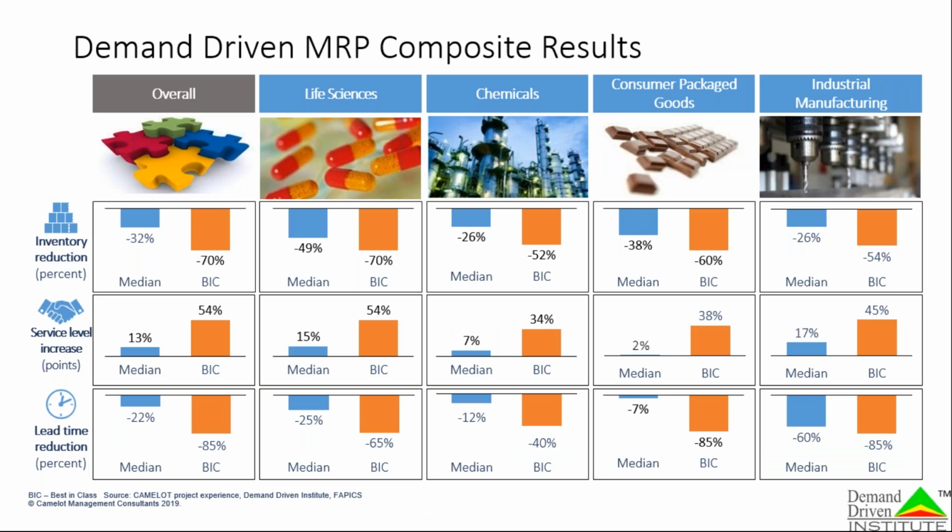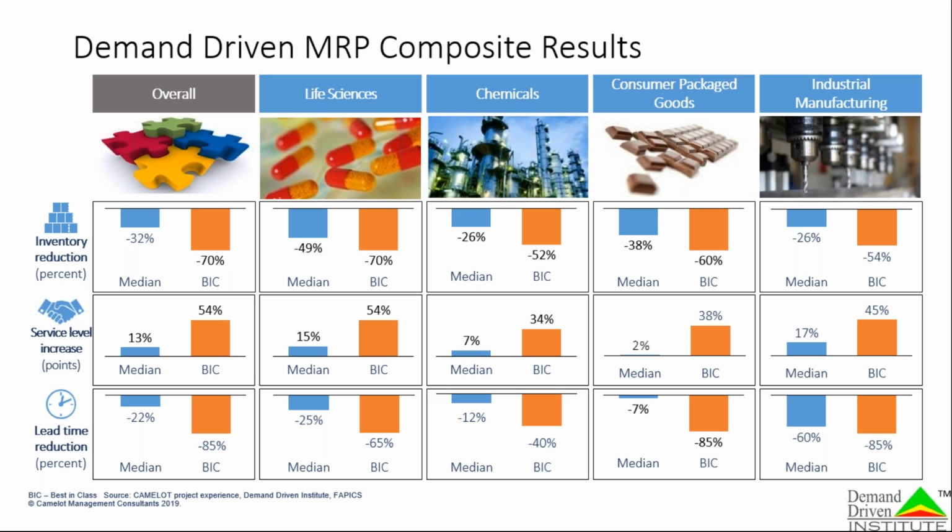Here are some results, compiled by our friends at Camelot Management Consultants, who took a very broad brushstroke across all the known publicly available case studies for DDMRP. What you see here is, regardless of the industry, DDMRP is delivering significant results in terms of inventory performance, service level, and lead time reduction.